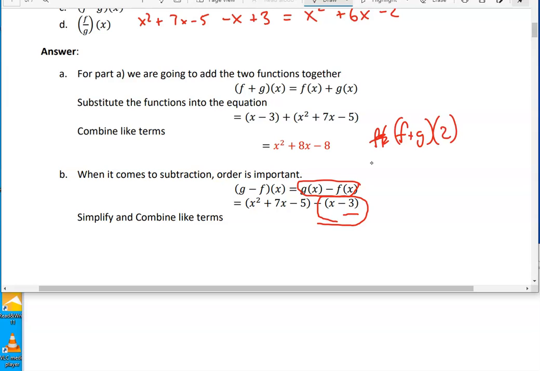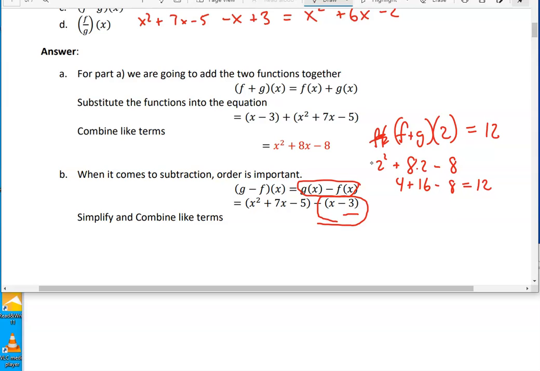Well, just plug a 2 in there. 2 squared plus 8 times 2 minus 8 gives me 4 plus 16 minus 8, which gives me 20 minus 8, which gives me 12. Okay? f plus g of 2 is equal to 12. I just plug a 2 in where the x is.